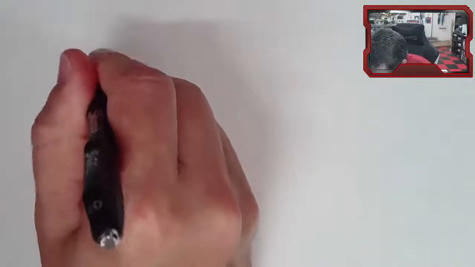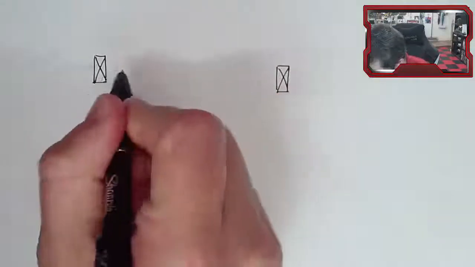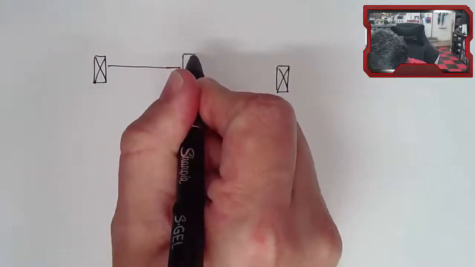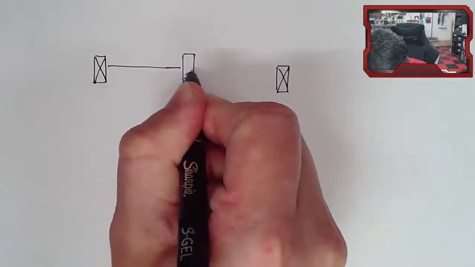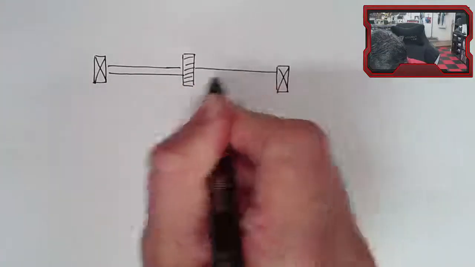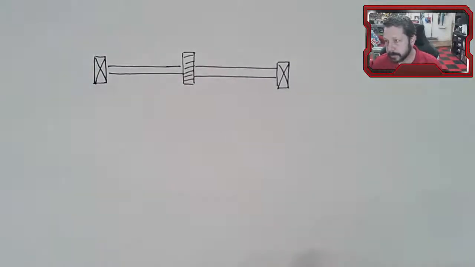Here's one bearing, another bearing. Let's do one with the gear right in the middle here. All right, so pretty close to the middle. See if we can get it straight.